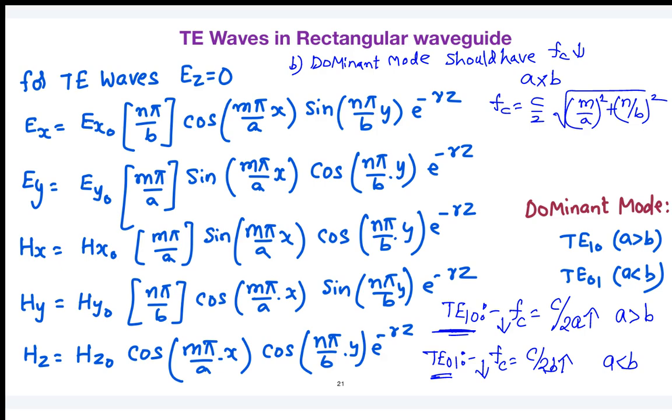Because why I told this condition was, when you say TE10 mode is the dominant mode, your cutoff frequency is minimum if your a is higher. Because for a dominant mode, the cutoff frequency has to be lesser. So that is possible if you take TE10 dominant mode, a should be greater than b, and TE01 when a should be lesser than b. Is the concept clear?